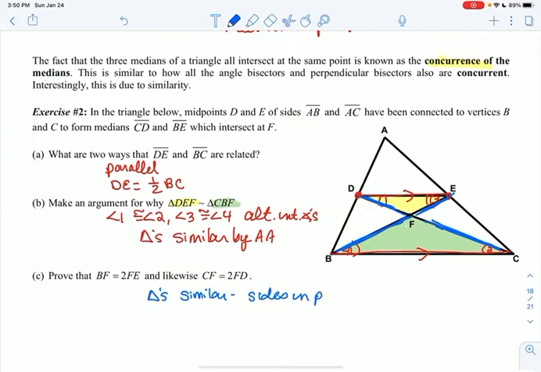And I already know that DE and BC are in proportion, and that BC is twice DE. All right, so if it's 2 times as big, then every side has to be 2 times as big. So if triangles are similar, their sides are in proportion, and they will all have the same scale factor.